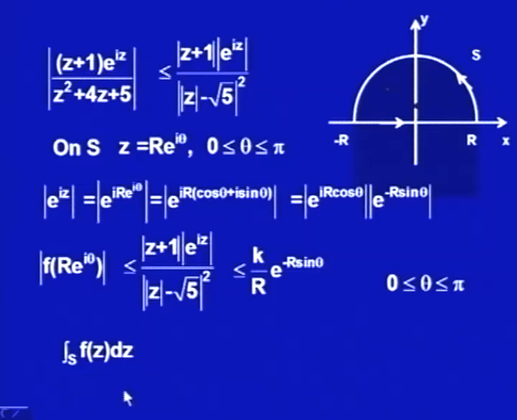So, now we write the integral along S of f(z) again in the form of this parametric representation. We could write this as the integral from 0 to pi of f(r e^(i theta)) into i r times e to the power i theta d theta. Now we would be using absolute values.